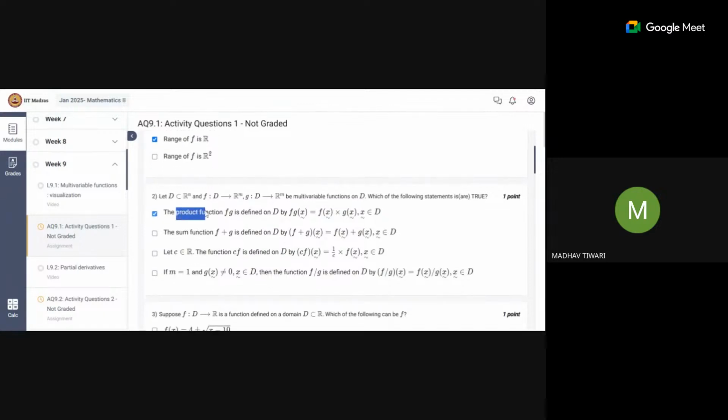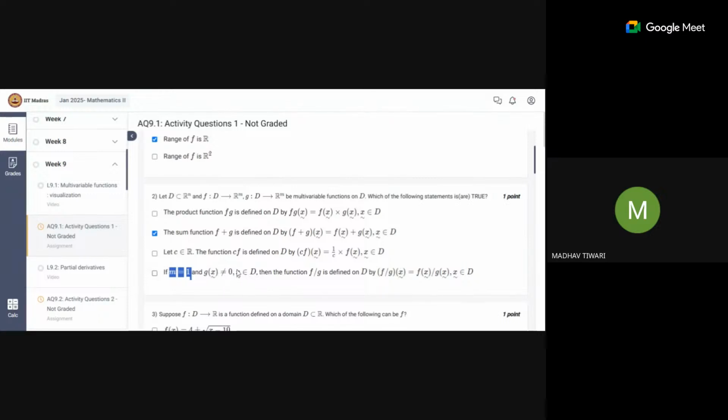The product law is only defined when the range is in R1, so that option is wrong. Addition is defined everywhere. The scalar multiple is defined, but here when multiplying by c it gives 1 by c times, so it is wrong. It should be c times. Next, if m is 1, then division and multiplication are also defined.